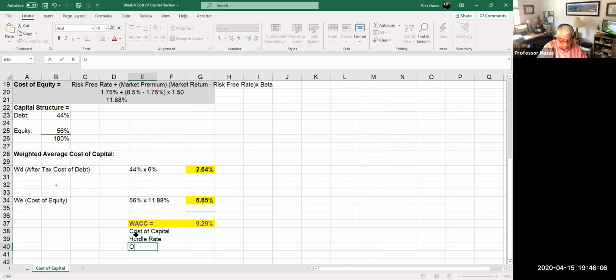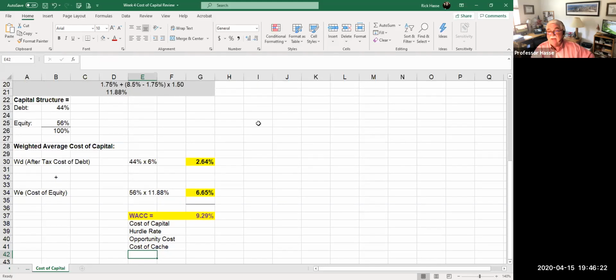The WACC, the cost of capital, the hurdle rate. Many companies call this opportunity cost. Those are different names for it. This is our cost of cash. It's our cost of money. 9.29%.